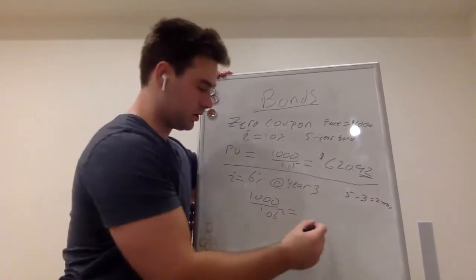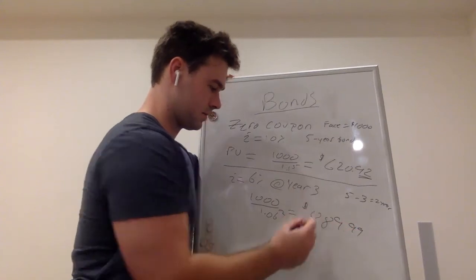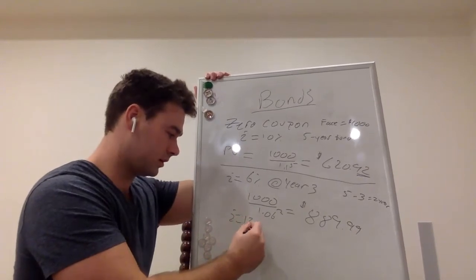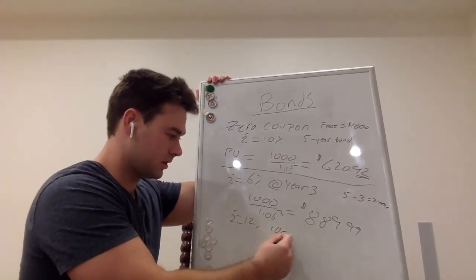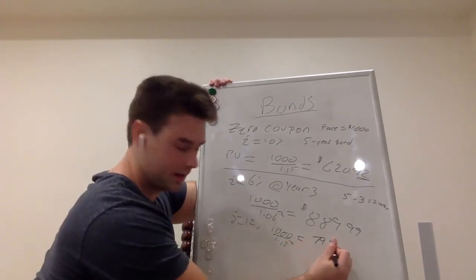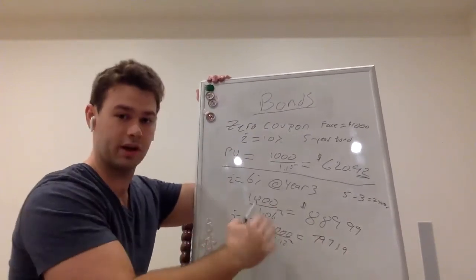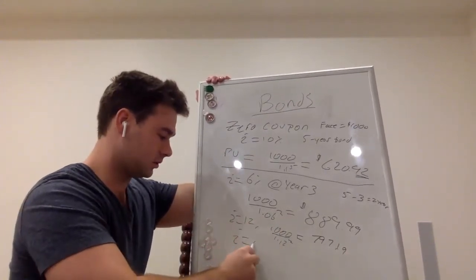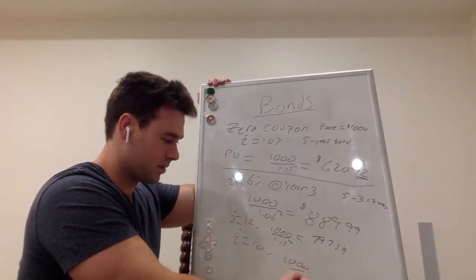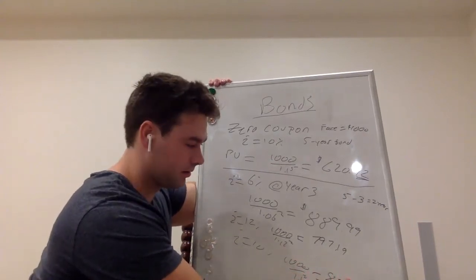And it is equal to $889.99. And now let's see what happens if i is equal to 12%. Then it would be 1,000 divided by 1.12 squared, and that is equal to 797.19. As we see, this is less, just because the interest rate has risen. So let's see if i is equal to 10%, the original amount. We'd have 1,000 divided by 1.1 squared, which is equal to 826.45.